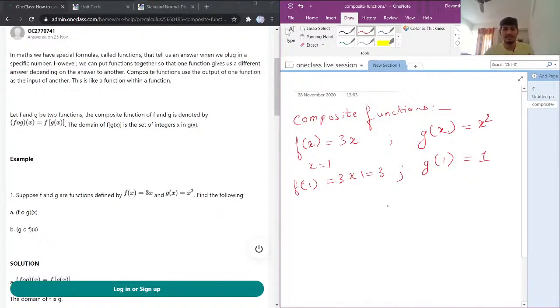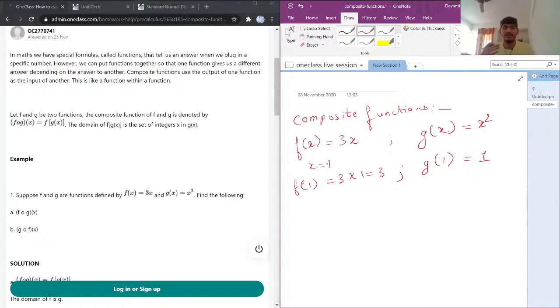Whenever we have a function like f of x, it is a function in one variable. Functions of two variables also exist, f of x and y, and functions can be in n number of variables, but for simplicity let's just keep it at one. Whenever we have a function like f of x or g of x, it is a relation between x and f of x.